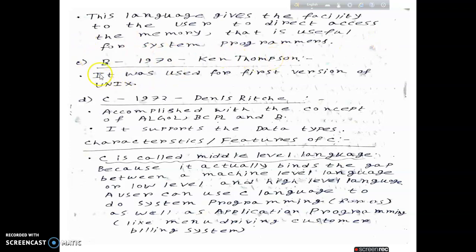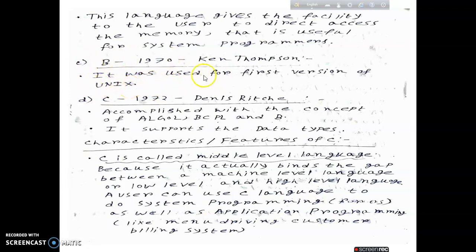Next language is B, in the year 1970, developed by Mr. Ken Thompson. It was used in the first version of the Unix operating system.